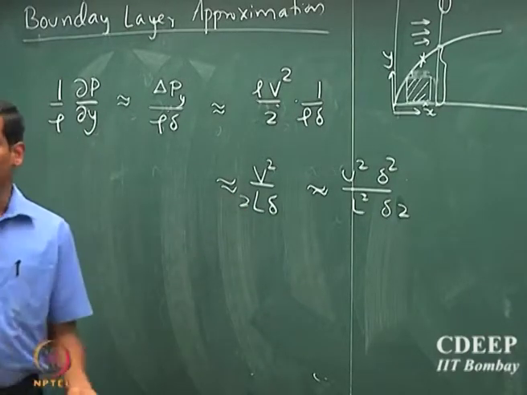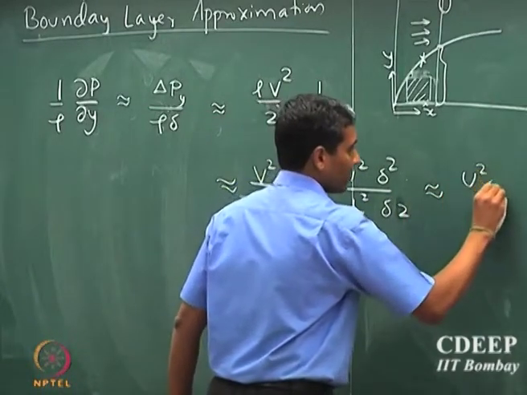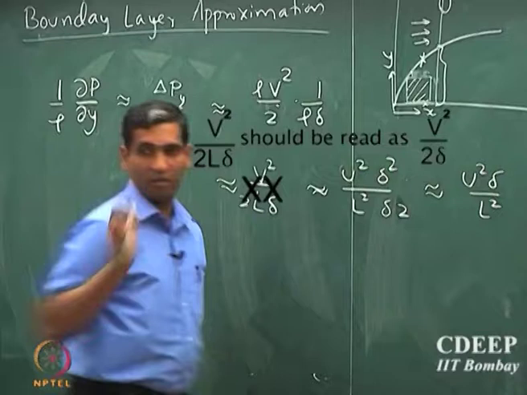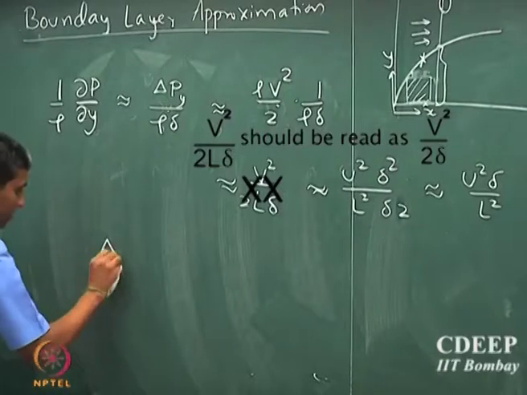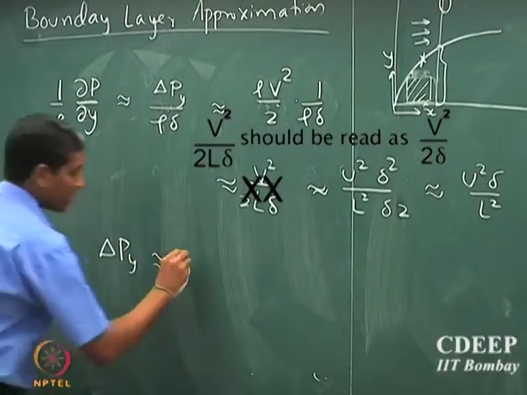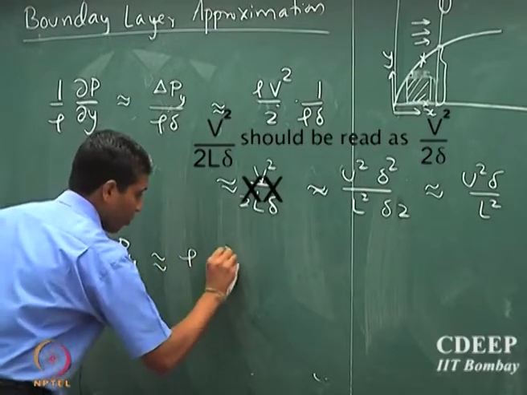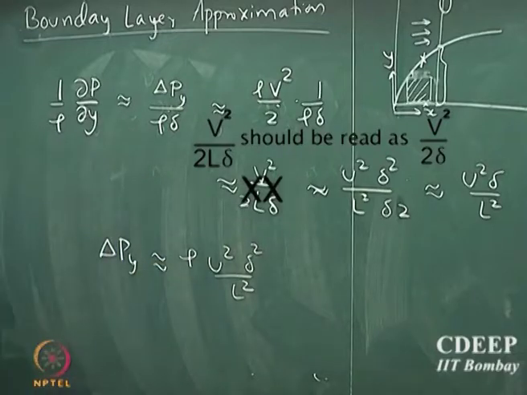So if I take modulo constant, so this really scales as U square delta by L square, okay. So that's the scaling for delta P by rho into delta. So therefore delta Py scales as rho U square delta square by L square, okay.